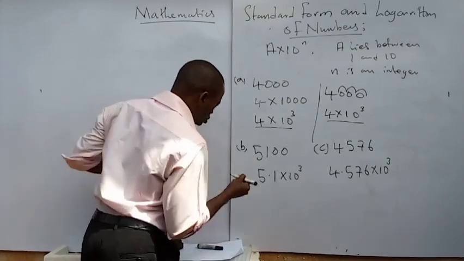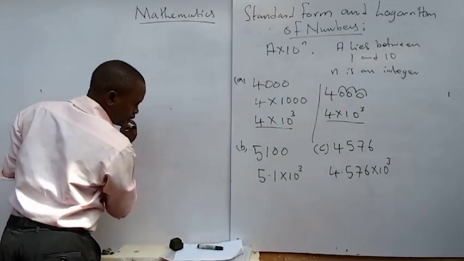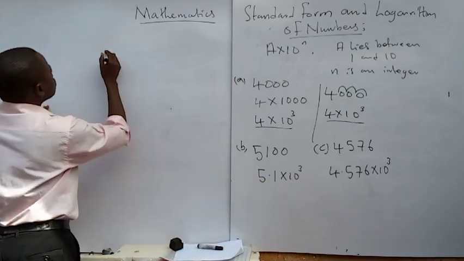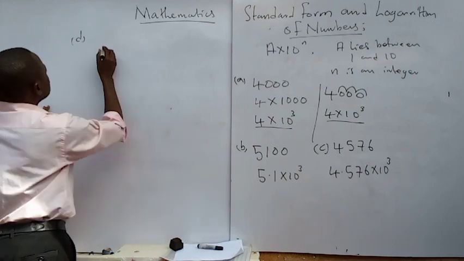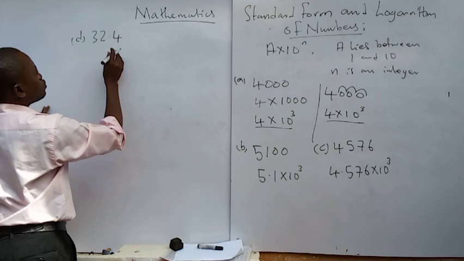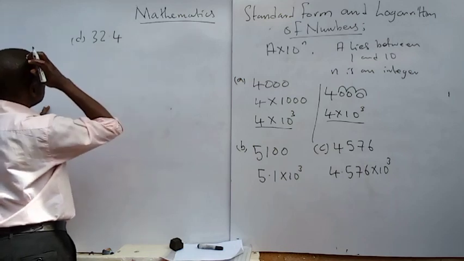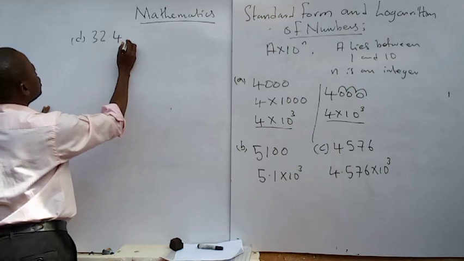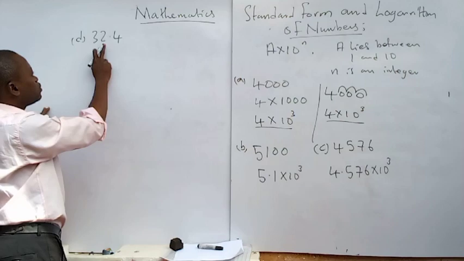Take for instance, this is C. Let me say we have something like 32.4. Did you realize that, how many digits do we have here before the decimal point?